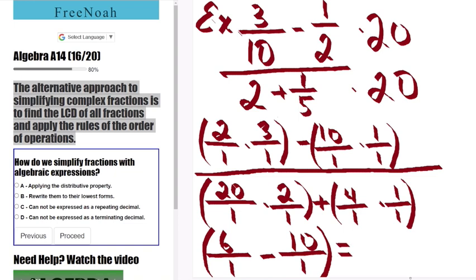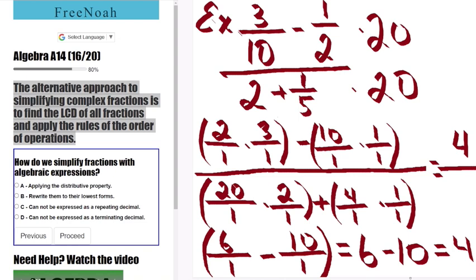And once we do the division here, we can simply state that 6 over 1 is 6 and 10 over 1 is 10. And come out with a difference here. 6 minus 10 equals negative 4. Now that's just for the numerator. Let's write negative 4 for the numerator.